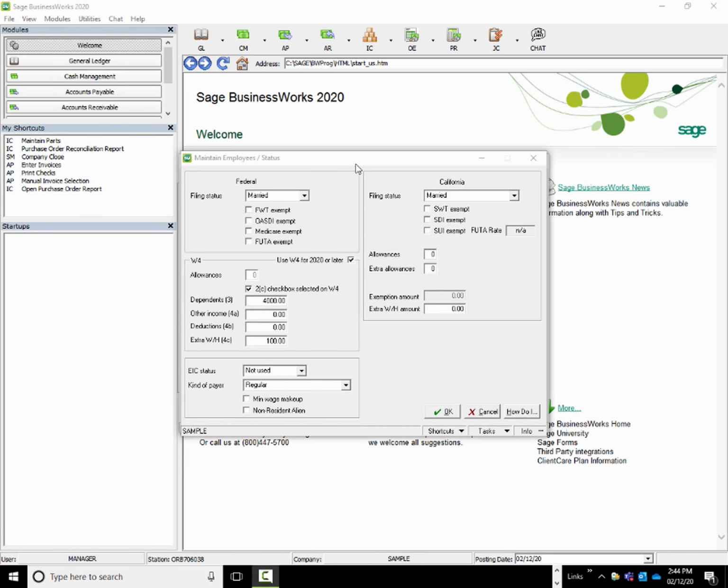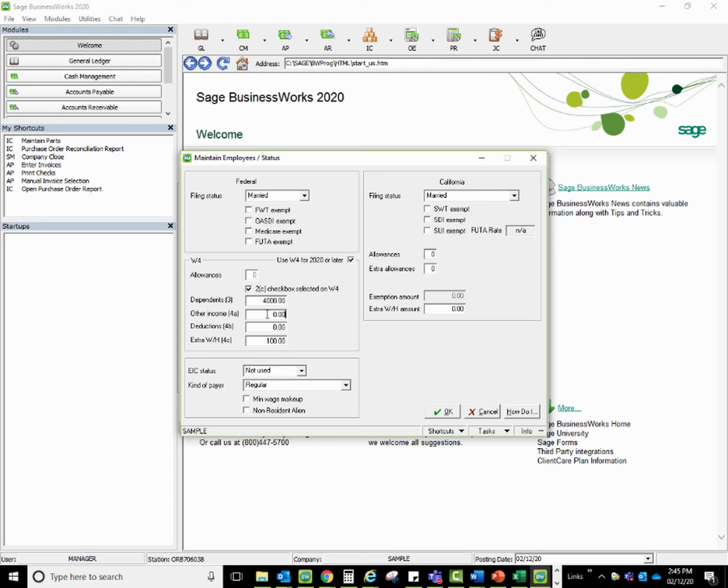In BusinessWorks, our maintain employee status would look like this. Our employee is married. They're using the W-4 for 2020 or later. The 2C checkbox has been checked on the W-4. Box 3 has $4,000 entered.